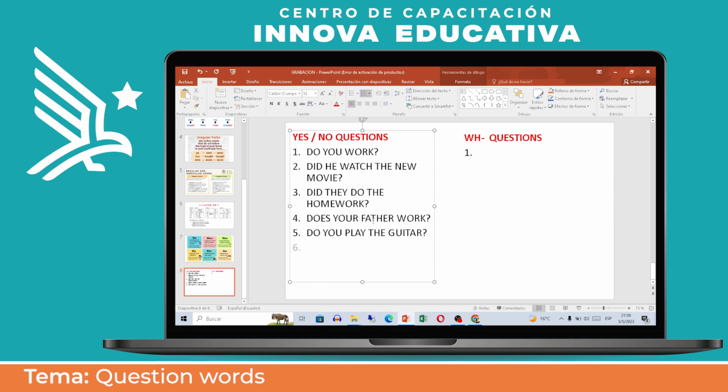Let's make another sentence in simple past. Did you write? ¿Escribiste the letter? As you can see, these are yes/no questions. Son preguntas de sí o no.